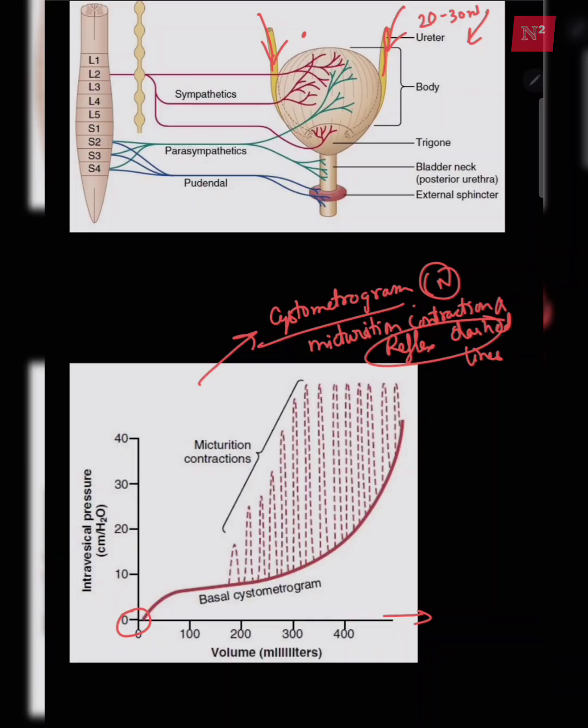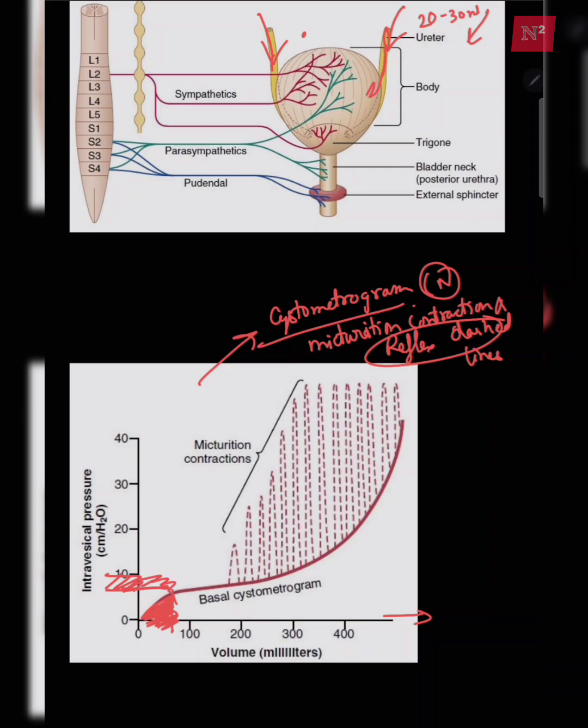Now as soon as a few milliliters, up to 50 ml of urine, pass inside, the pressure gradually rises from 5 then to 10 centimeter of water. Why is this happening?